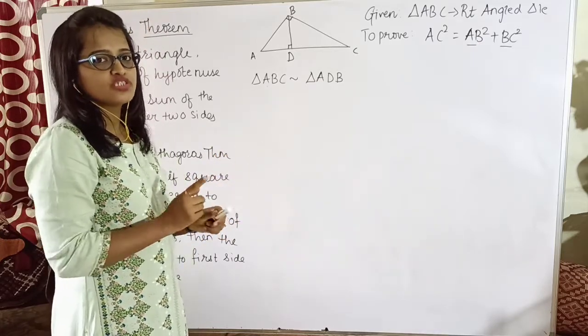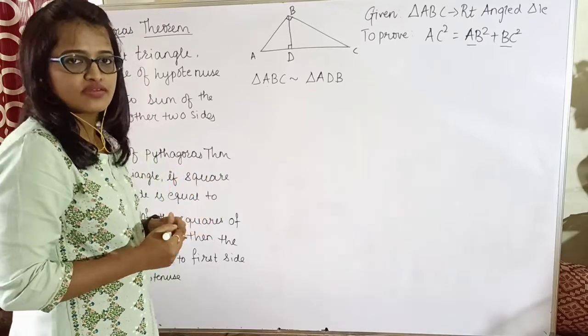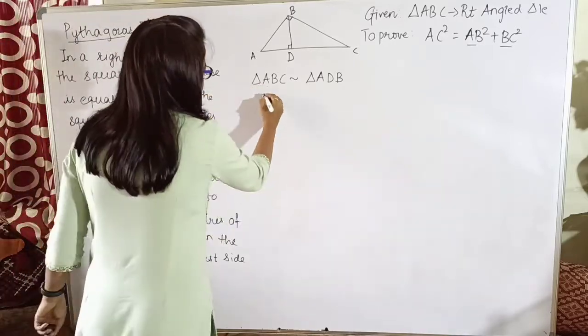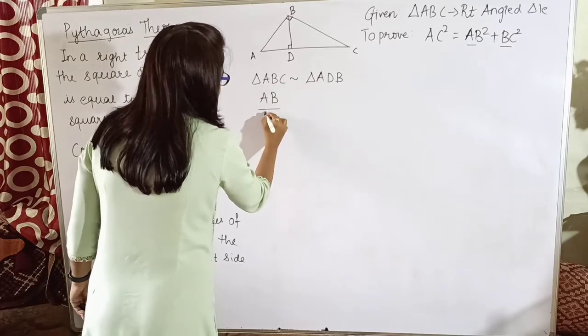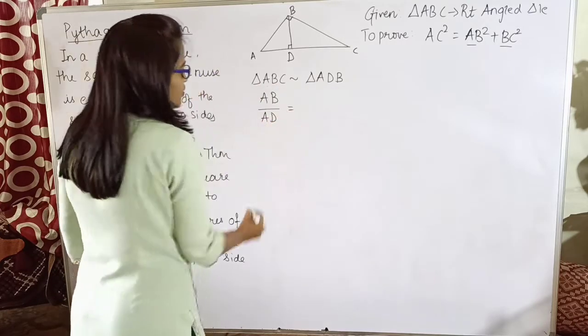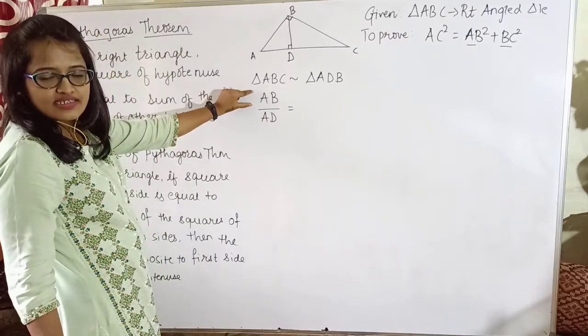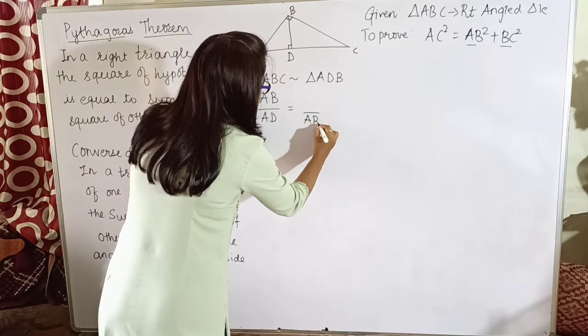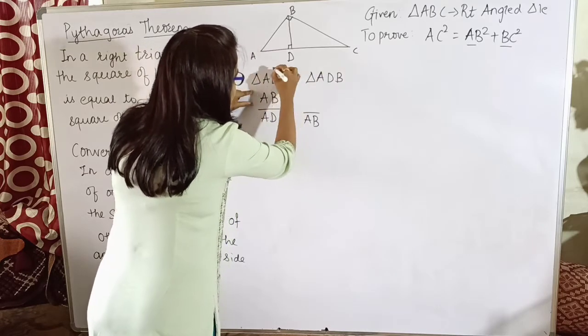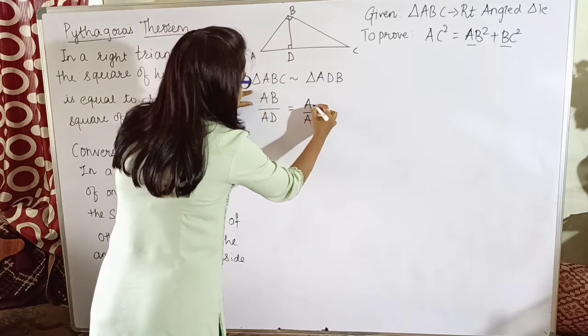Only then when you cross multiply them you will get the square. So in the first case, AB upon AD. I have taken the side AB in the numerator. In the second case I want it in the denominator. It means if I am taking AB, it will be equal to AC.